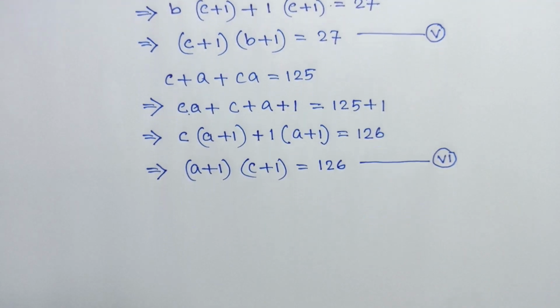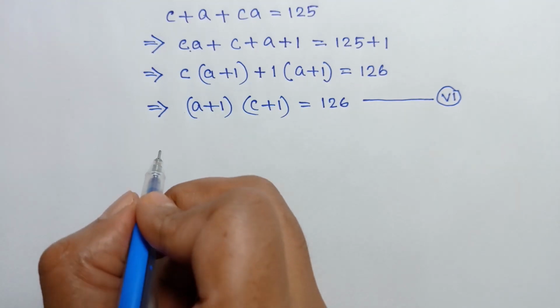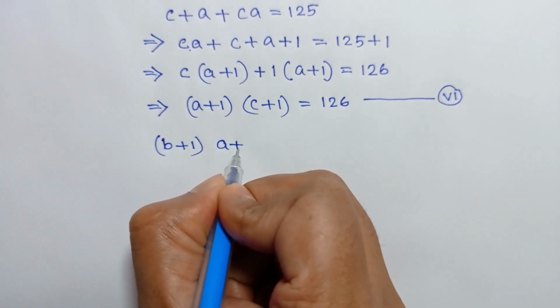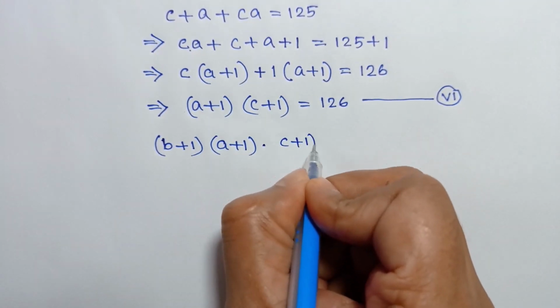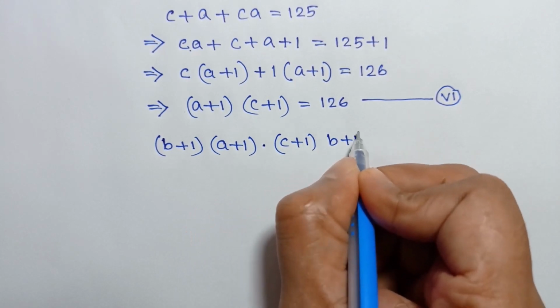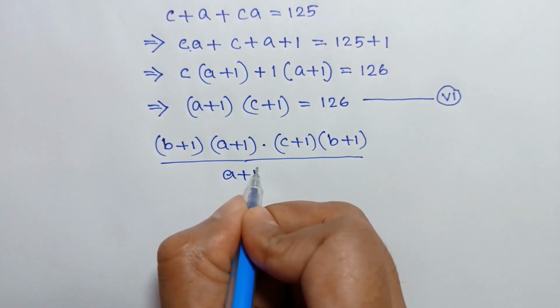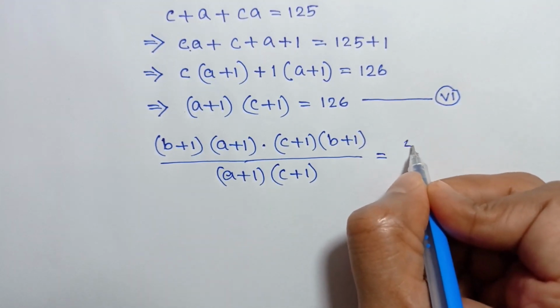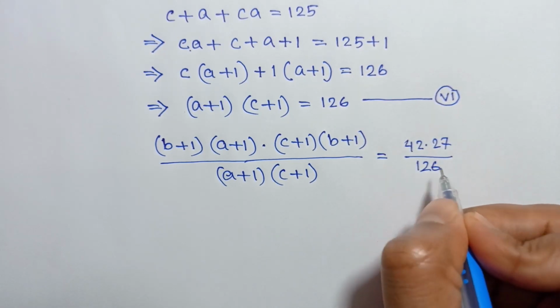Now if we multiply equations 4 and 5 and divide by equation 6, we can write (b + 1)(a + 1)(c + 1)(b + 1) over (a + 1)(c + 1) = 42 times 27 over 126.